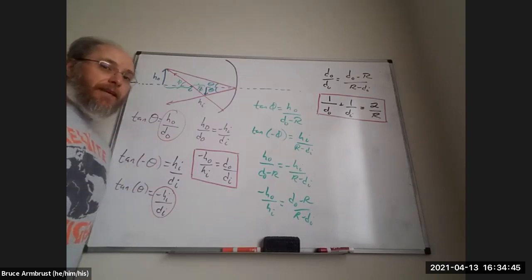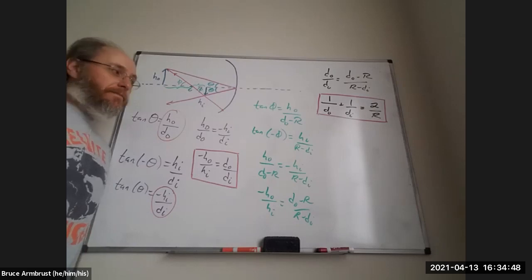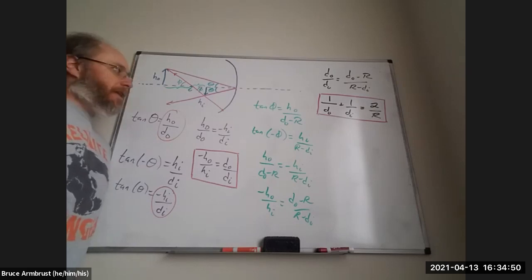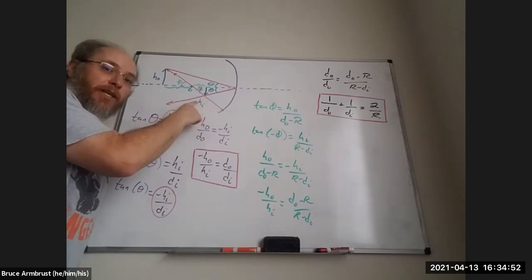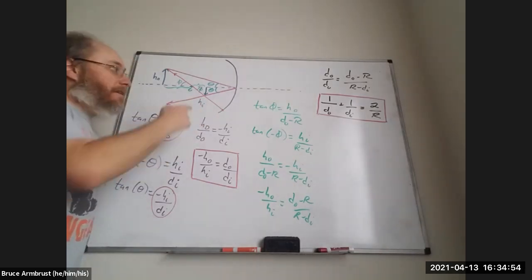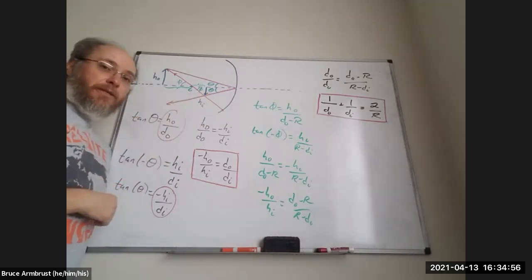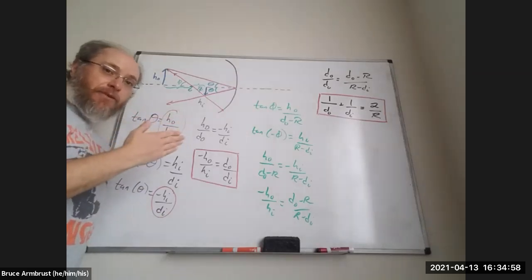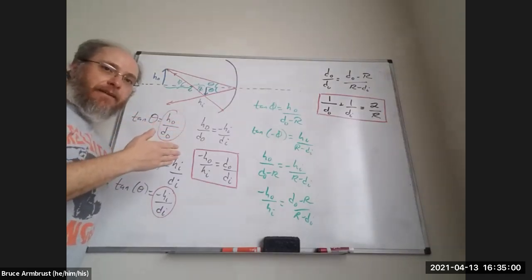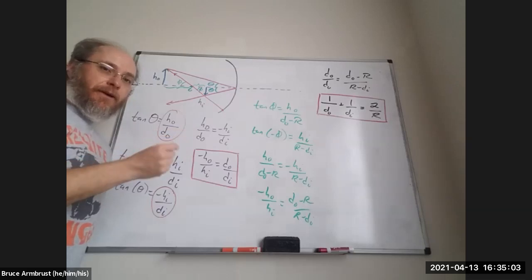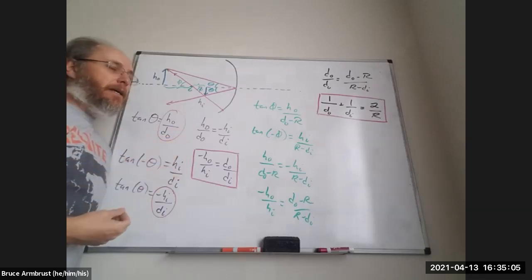And DI, you can't always measure. In some circumstances, you could. Like this one, we could, because we could have a screen that this image is projected onto. And then we can measure where that screen is relative to the mirror, and that will get us a DI.